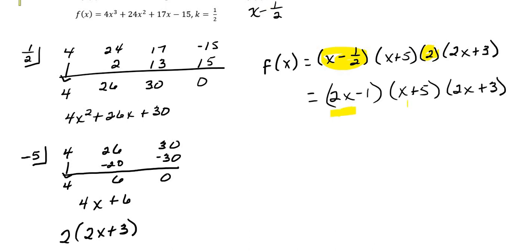And I notice that when I multiply these three terms together, I get 4x cubed, which is what I'm supposed to have here. And again, I can put the factored form into the calculator as well as my original function and look at the tables to see if they match up.